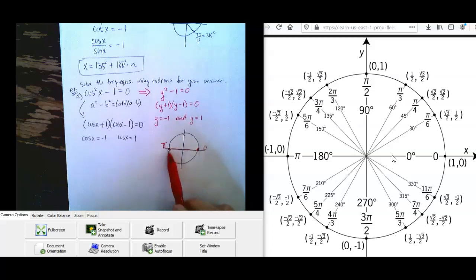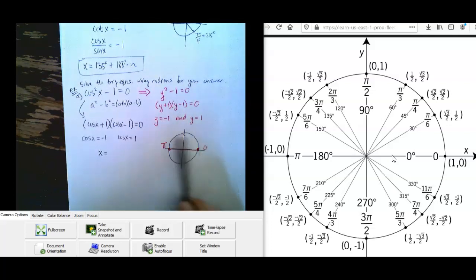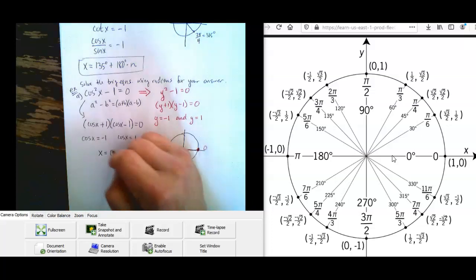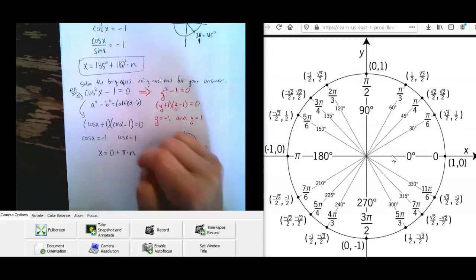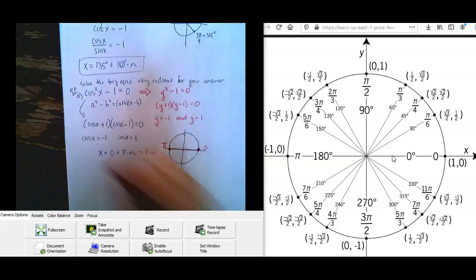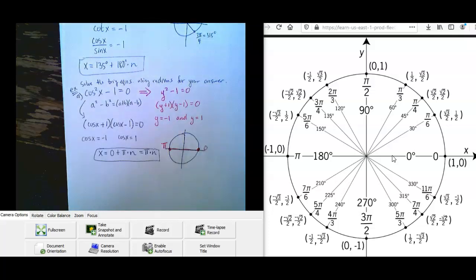So let's try to write our solution using our more compact notation. Therefore, all the solutions happen at 0 plus n pi, or just pi times n.